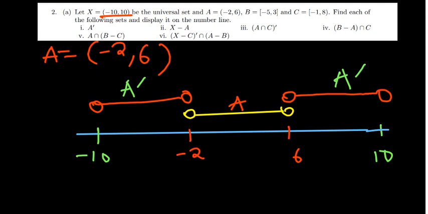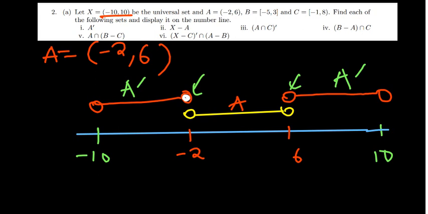Now the other decider is this part. Should we shade these parts? Yes, why are we going to shade? Because -2 and +6 are not included in set A, so that means they belong to the complement of set A. All right, good.